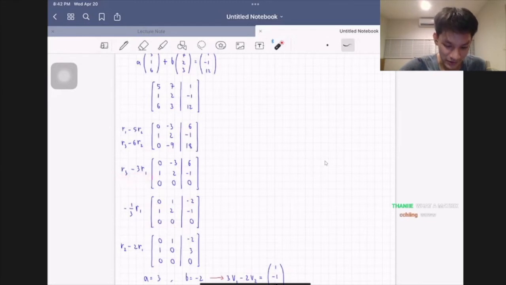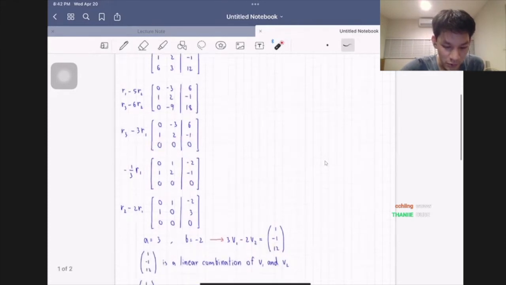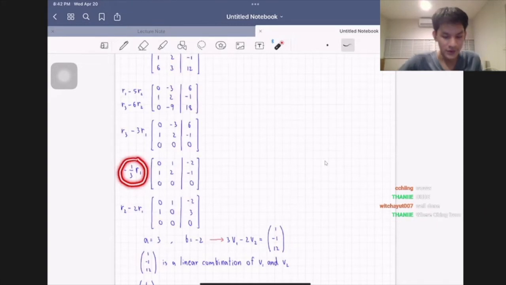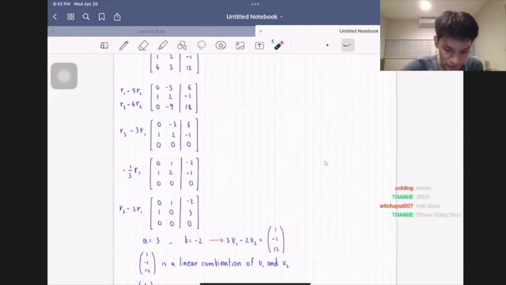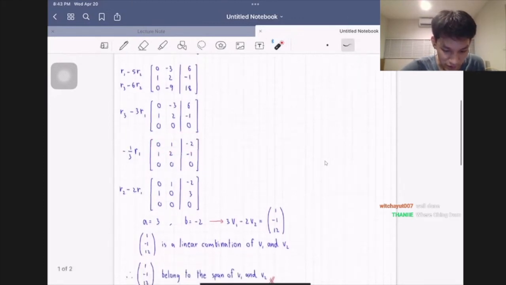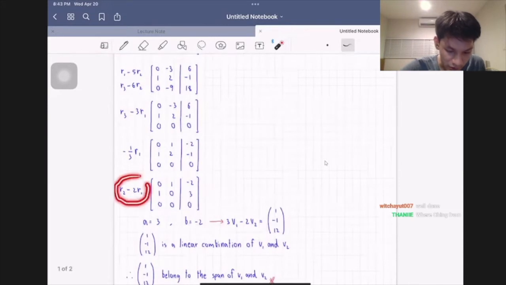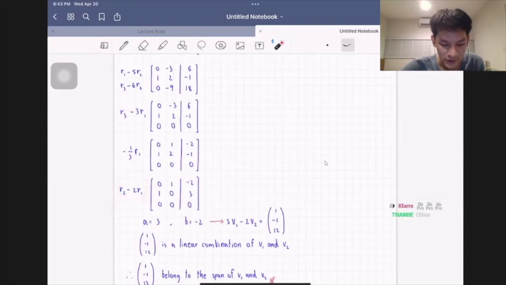So we get the result 0, 0, 0 on row 3. Now we multiply row 1 by negative 1 over 3. Then we get this row: 0, 1 and negative 2. Then the last step, we subtract row 2 by 2 times row 1 and we get this.